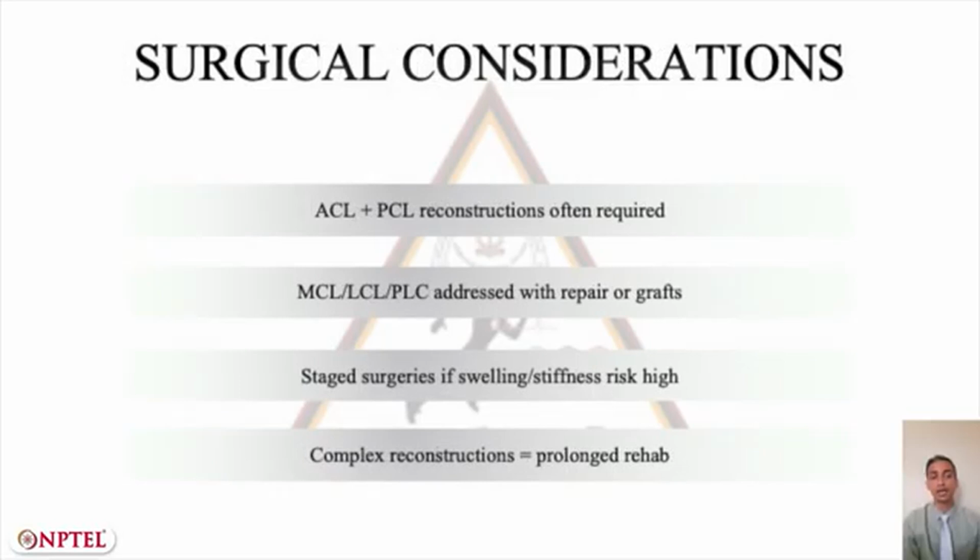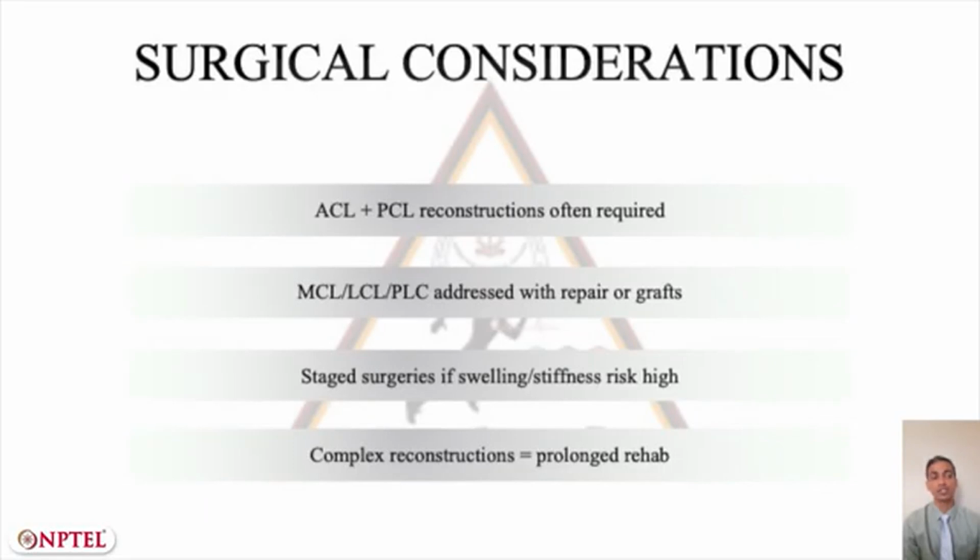Most grade 3 isolated cases of ACL and PCL injury require reconstruction, often with grafts. Low-grade collateral ligaments are often conservatively managed, but the PLC injury may need a repair or reconstruction depending on the injury pattern.